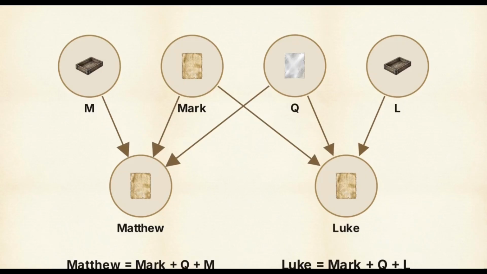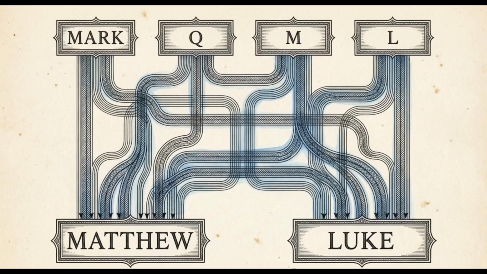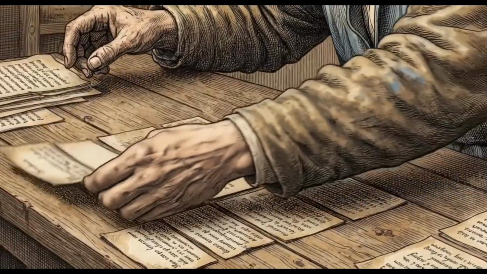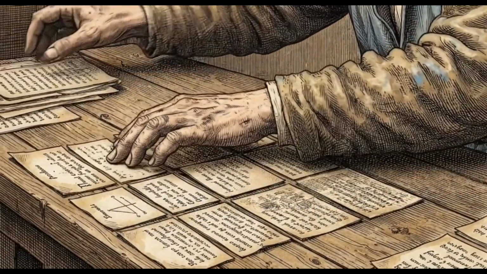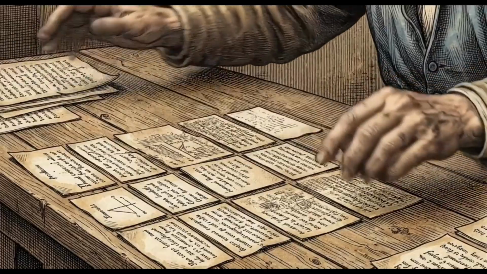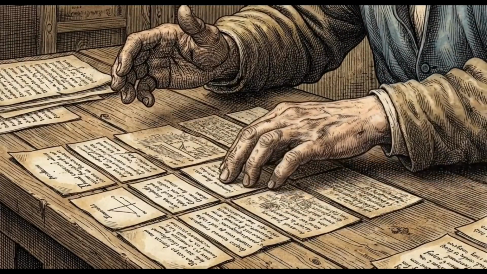Matthew equals Mark plus Q plus M. Luke equals Mark plus Q plus L. The four-document hypothesis provides a complete mathematical model, mapping the flow of historical data from varied origins into two independent texts. This process relies on redaction, the deliberate editorial process of selectively arranging source data to target a specific audience.